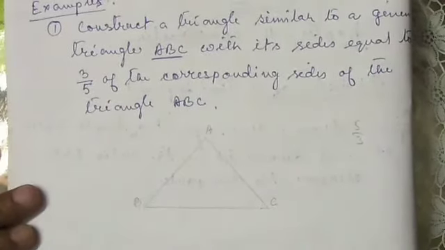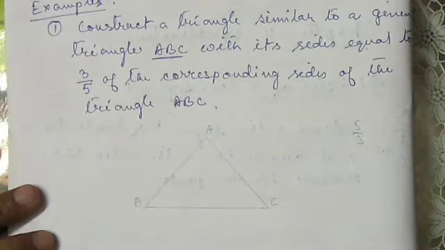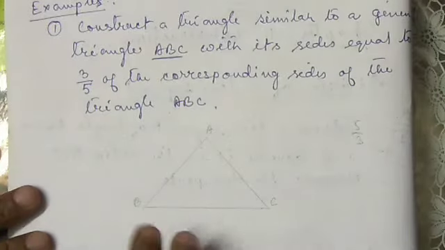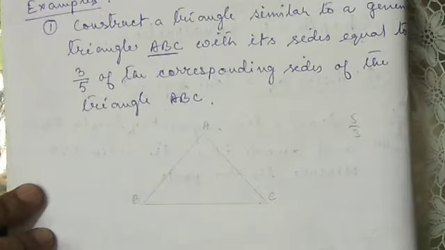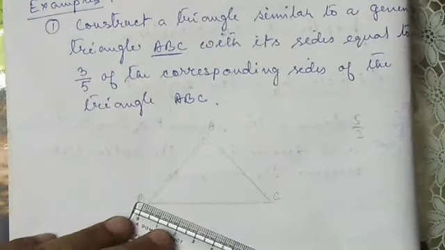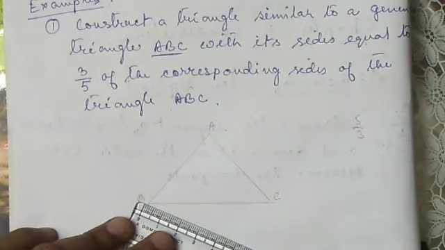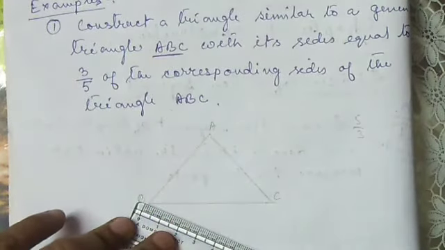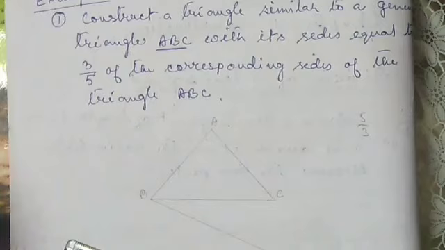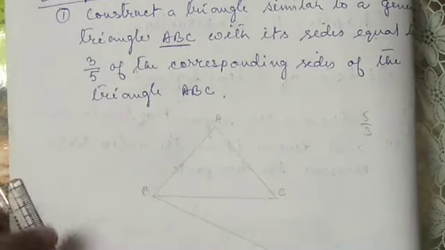So here what shall we do? I have already made the triangle ABC by any measurement. And what is done in the case of a line segment, the same has to be done over here also. So here I will make one ray, say it is BX.